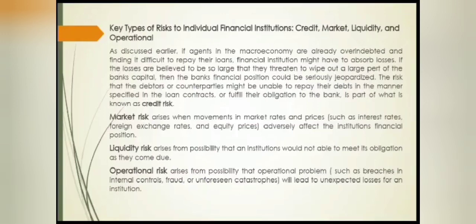Then the bank's financial position could be seriously in trouble. The risk that the debtor or counterparties might be unable to pay their debts in the manner specified in the loan contracts or fulfill their obligation to the bank is part of what is known as credit risk.